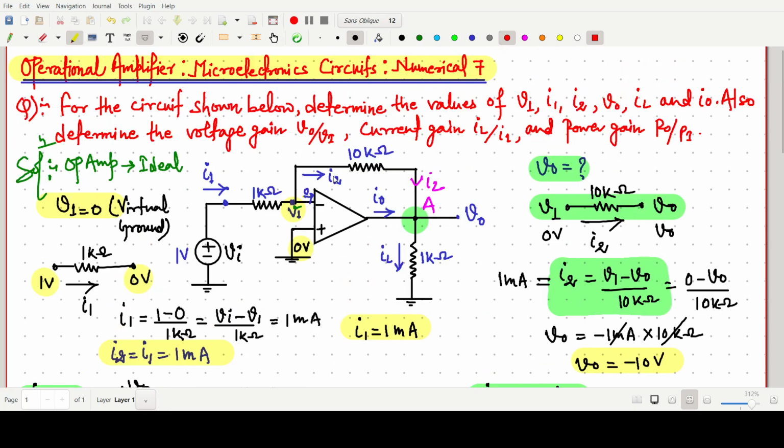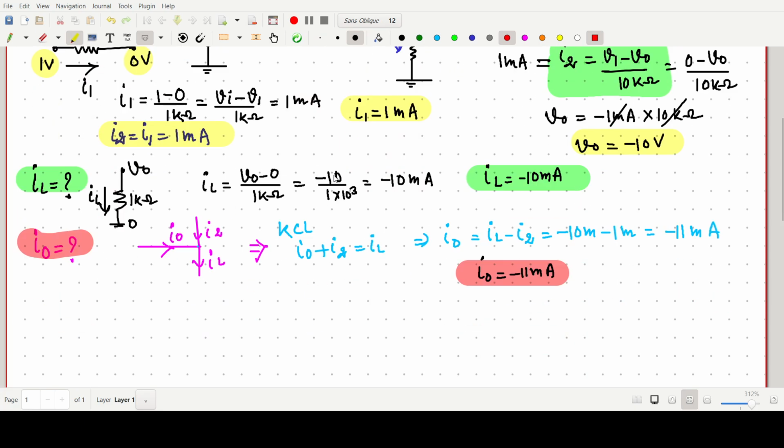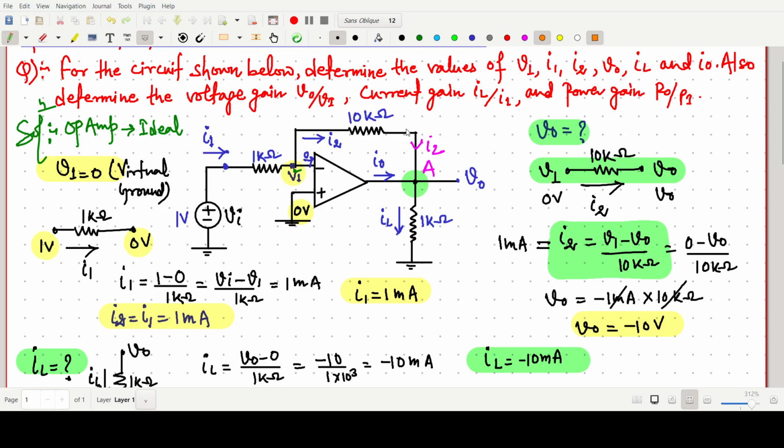Now we have to find the voltage gain. Voltage gain is easy. So basically this is an inverting amplifier. So V naught by Vi is nothing but simply minus R2 by R1. So basically this one is our R2, or I can say this is R1.